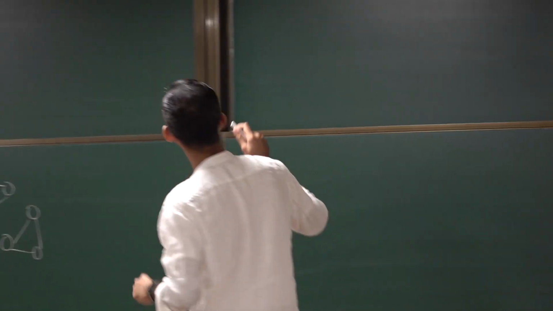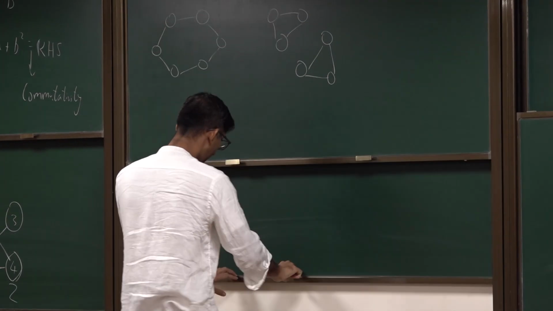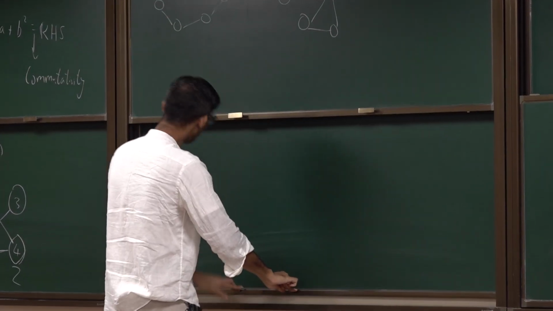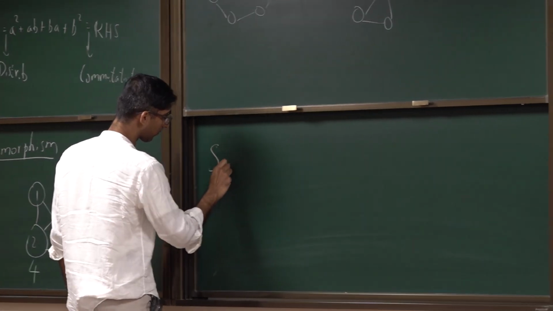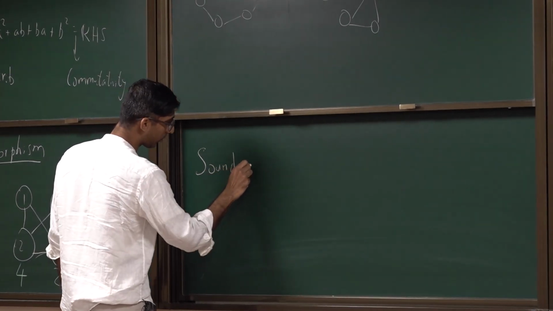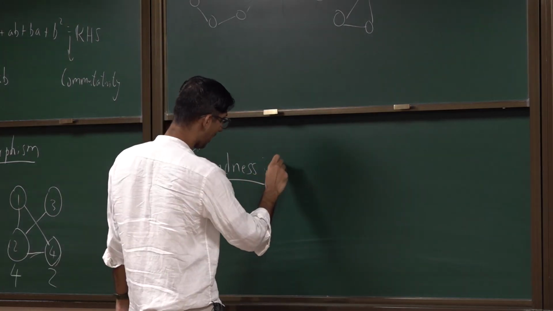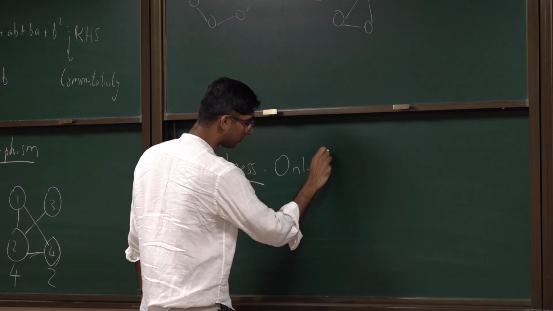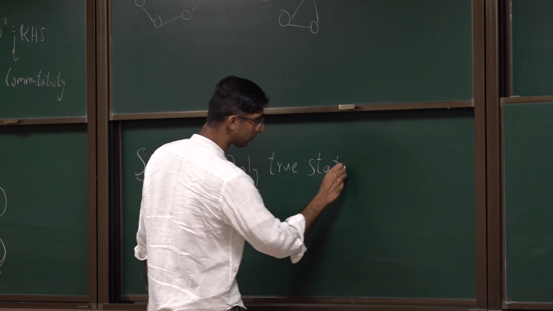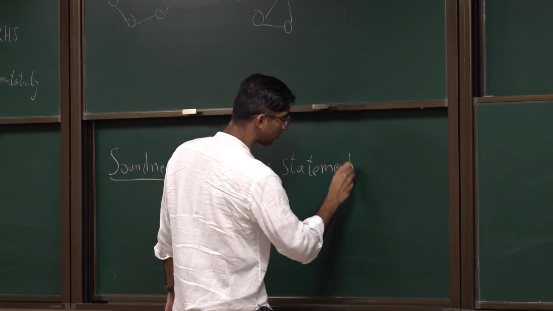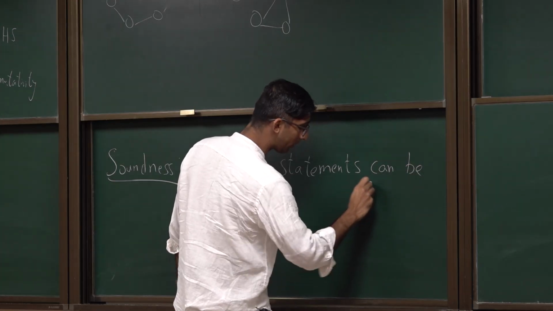Let me write it down over here. We will define these things more formally later. This property of a proof system is called soundness: only true statements can be proven.